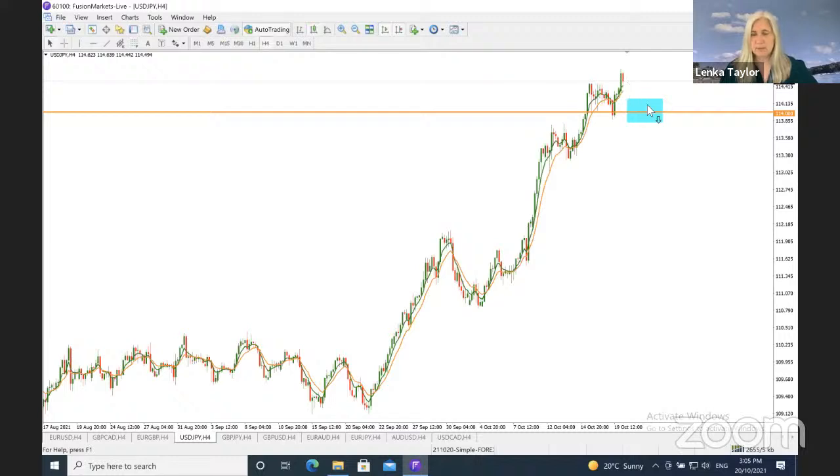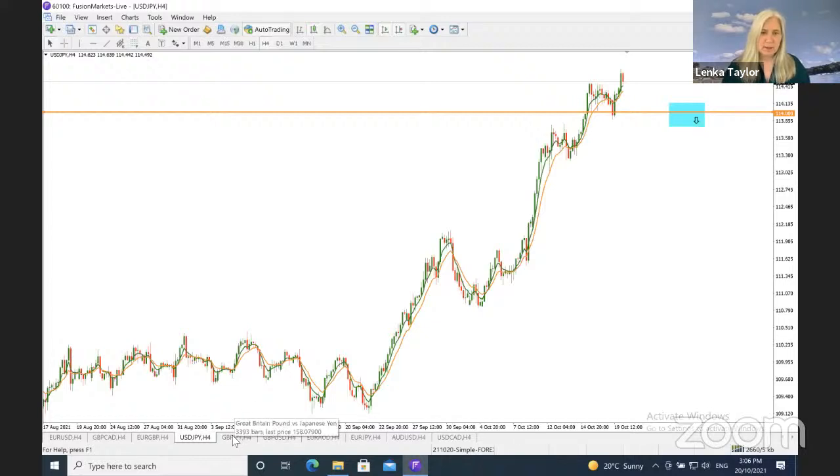But if not, if it comes below and we see that it is reversing around this area, then I'm interested in a short setup. Again, this might take a little while to set up, so it's not going to be in the next couple of days, but potentially looking at that for next week. So let's see what happens with that.